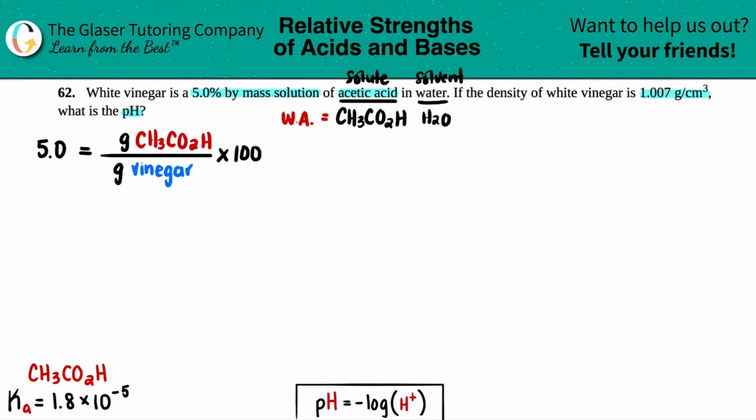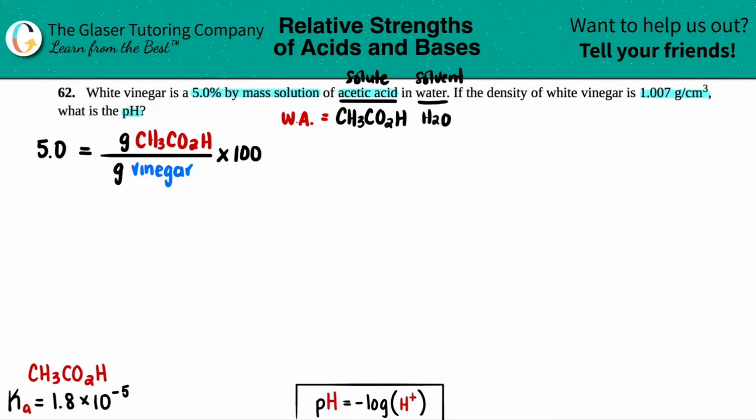When they don't give you any values for the grams, keep in mind, we can't use this density over here because this is grams per centimeter cubed. We're only looking for grams of the acetic acid and the grams of the vinegar. But we can use this formula to help us. If we want something to stay 5, and it's being times 100, to get rid of this 100, I would basically divide by 100, and the 100 cancels out.